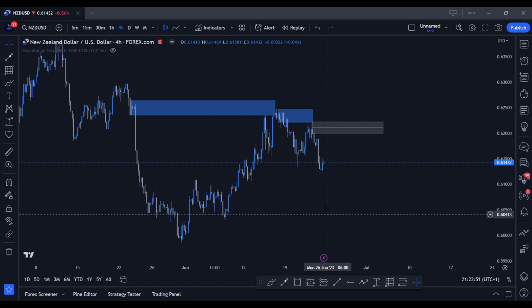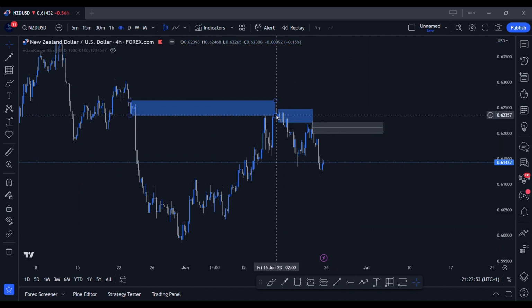The reason why I chose this area is that, first of all, this is the last buy side candle that caused the price to push downwards and close below this swing candle here.